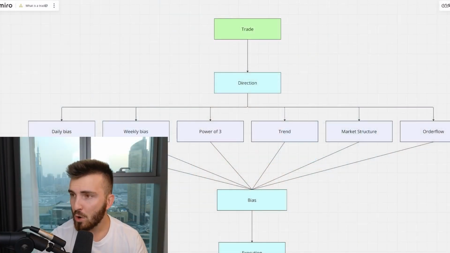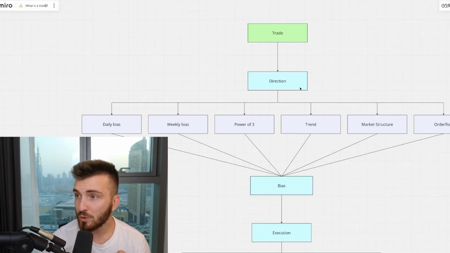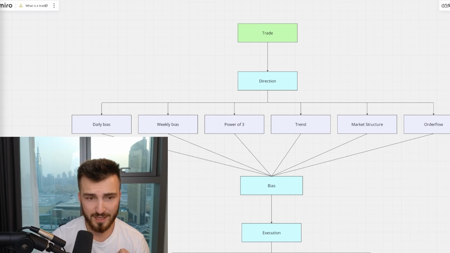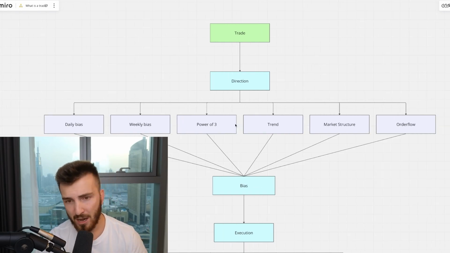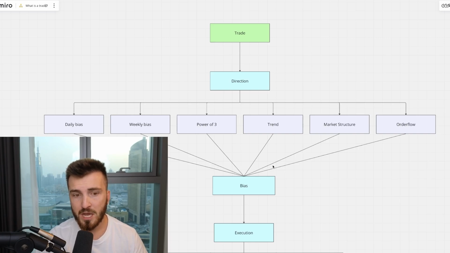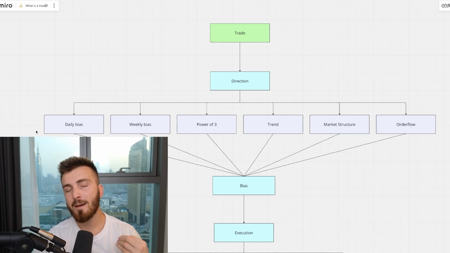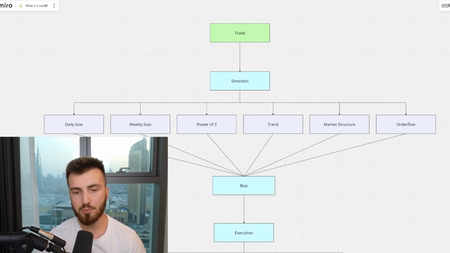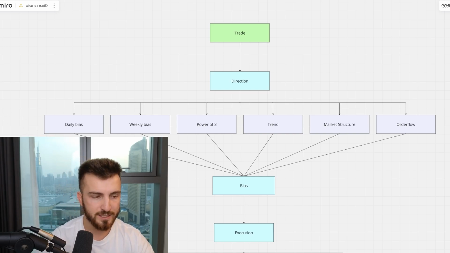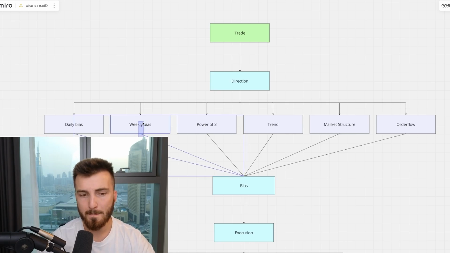And so if you want to master direction, you will need to be able to master daily bias, weekly bias, power of three, trend, market structure, and order flow. If you master all of these, and you will be able to by the end of this bootcamp, you will be a big step closer to becoming a profitable trader. So all of this is going to give you a bias, right?